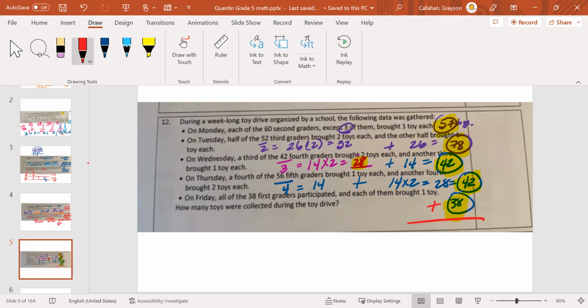All right, when you add everything together, what do you have? 287 toys. Make sure you get that number, okay? We're gonna stop right here and then we will continue tomorrow.